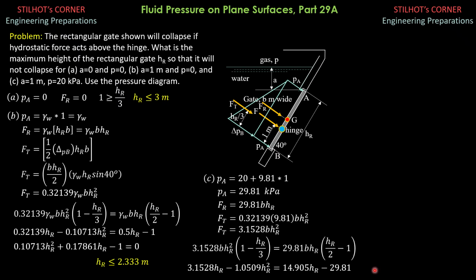So we combine like terms, then simplify. We have 1.0509 HR squared plus 11.7522 HR minus 29.81 equals 0. So solving for HR using our high-tech calculator, it should be less than or equal to 2.131 meters, just like in part 29. So that's it for this video.